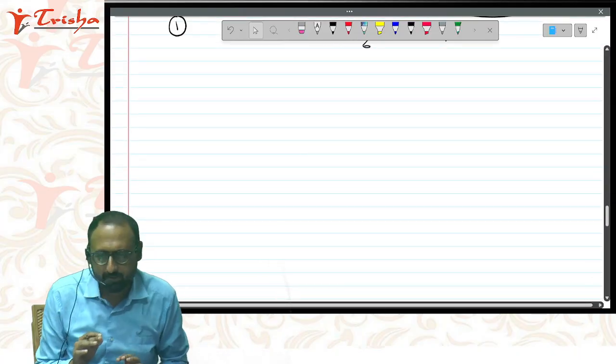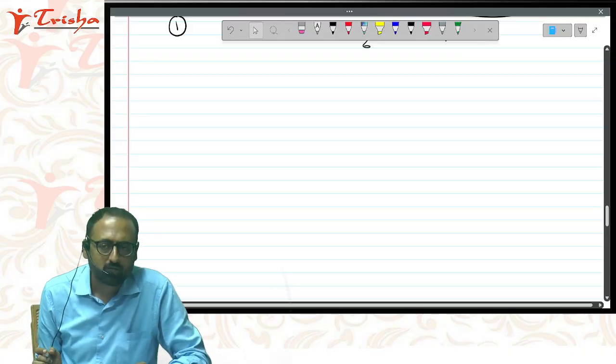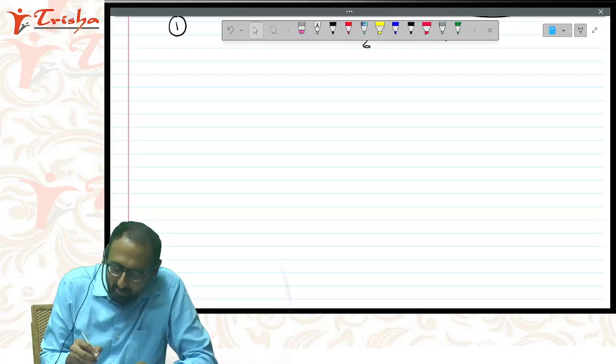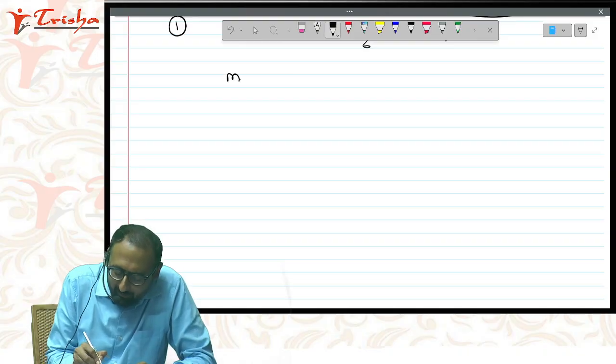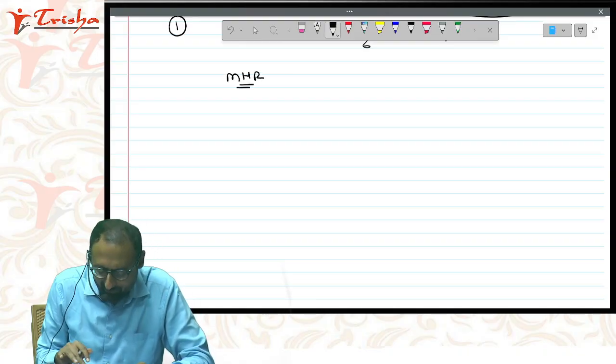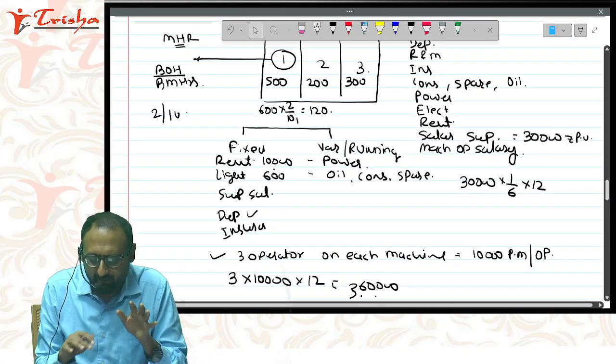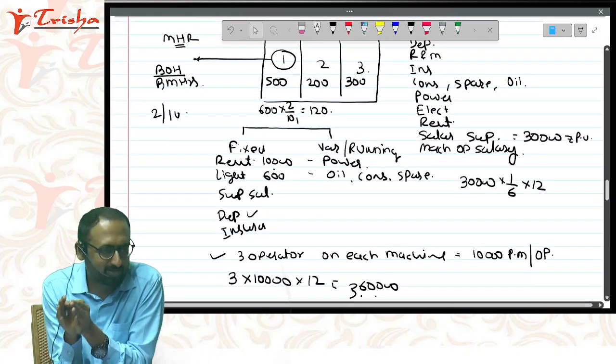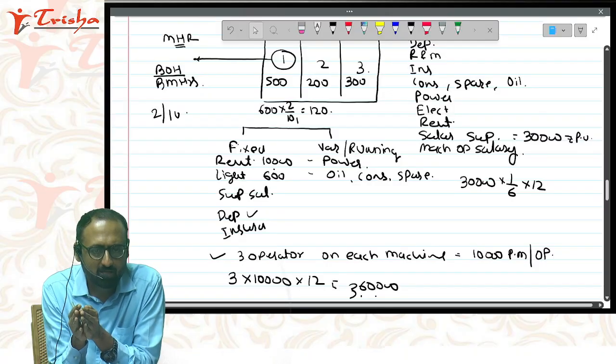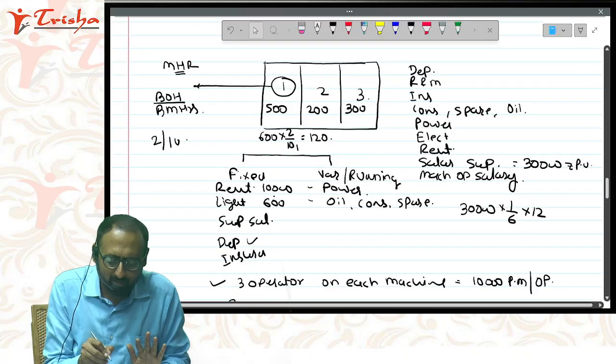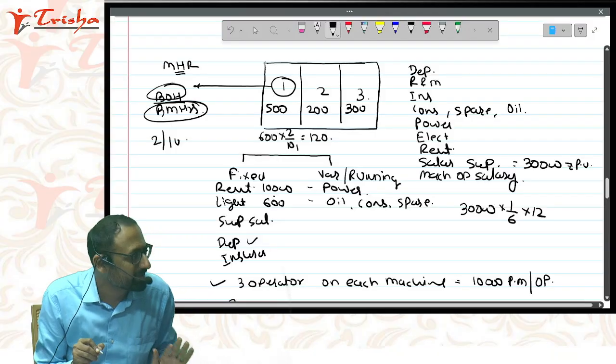Now the last adjustment, then we'll solve some practical questions. While calculating machine hour rate, we have seen all the expenses are divided into two parts: fixed expenses and running expenses, variable expenses. And the machine hour rate formula is very simple: total overhead divided by total machine hours.